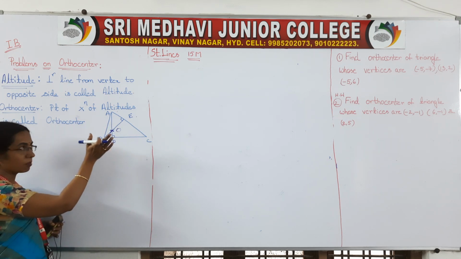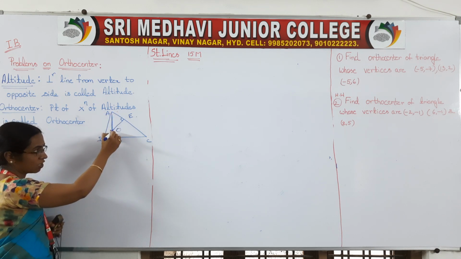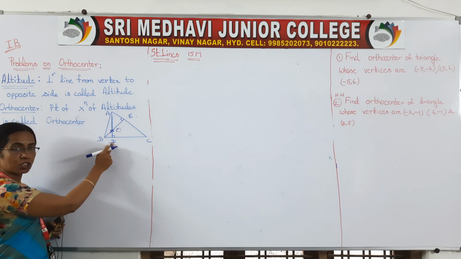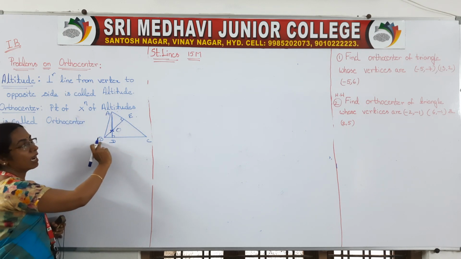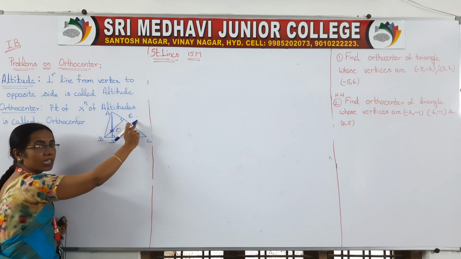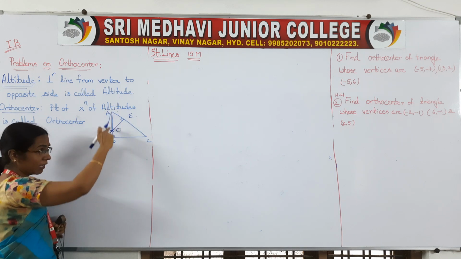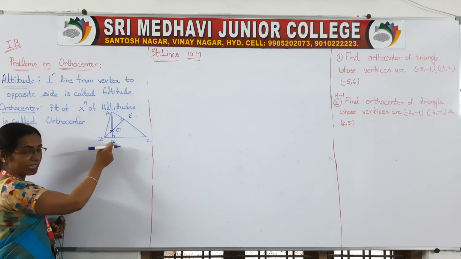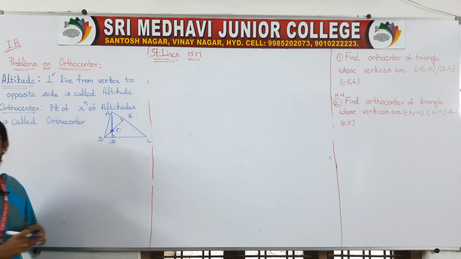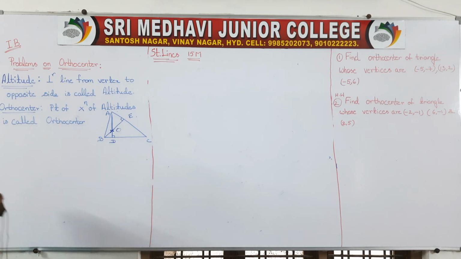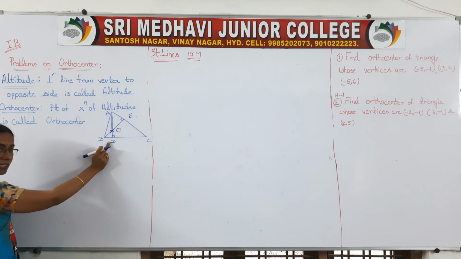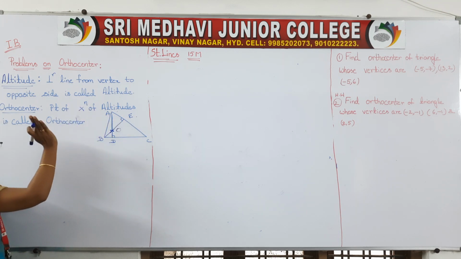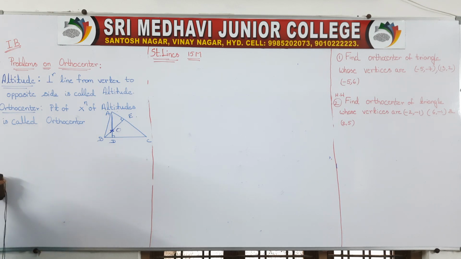So the main concept is we need the equation of AD, one altitude equation, and another equation BE. The point of intersection of AD and BE is your orthocenter. So first get the equation of AD, then the equation of BE second. Next, find their point of intersection, that is your orthocenter.